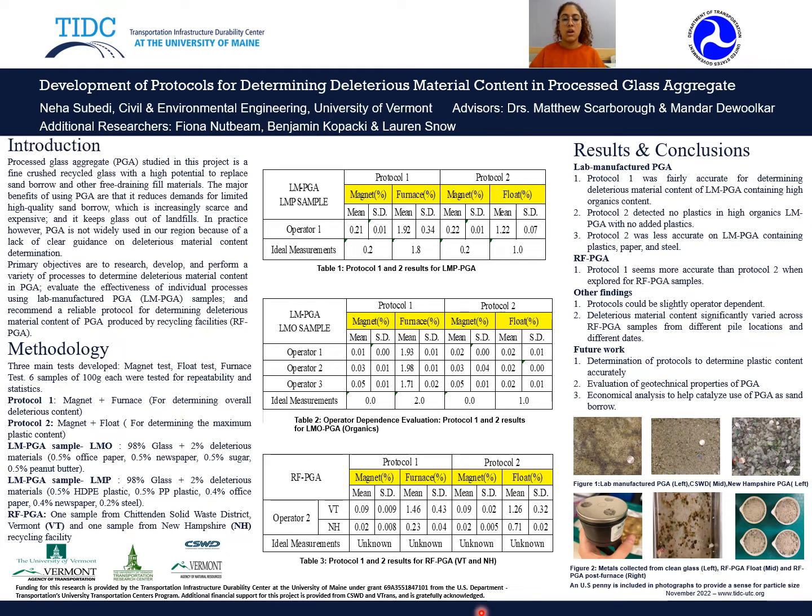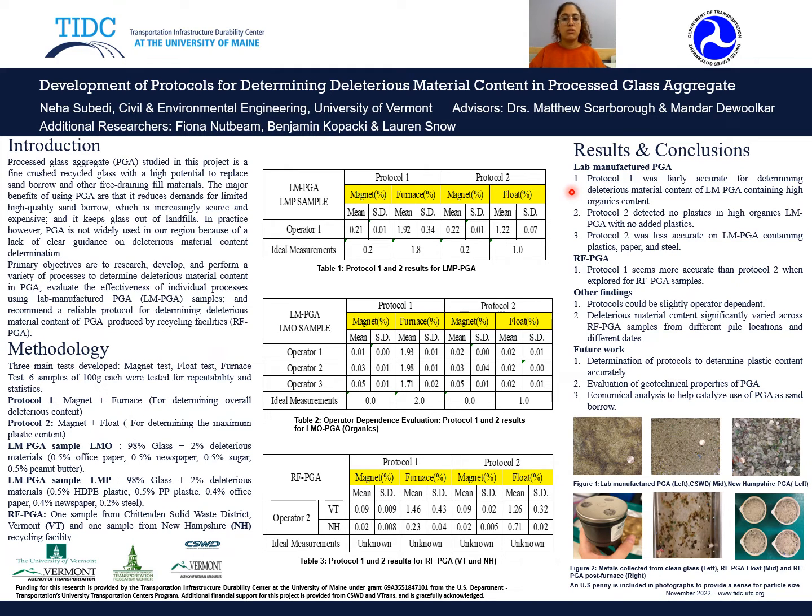After conducting all these tests, we reached a certain conclusion. As you can see here, for lab manufactured PGA, Protocol 1 was fairly accurate for determining deleterious material content of LMPGA containing high organics content.